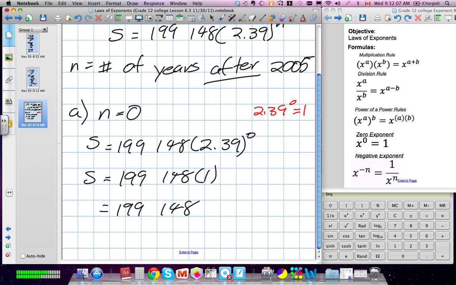So because in this equation n is the number of years after 2005, if we're at n equals 0, that means in the year 2005, there's 199,148 vehicles sold in the US. Okay?